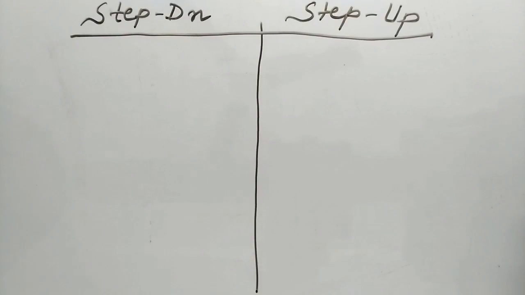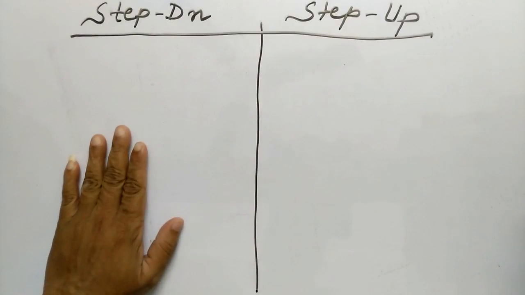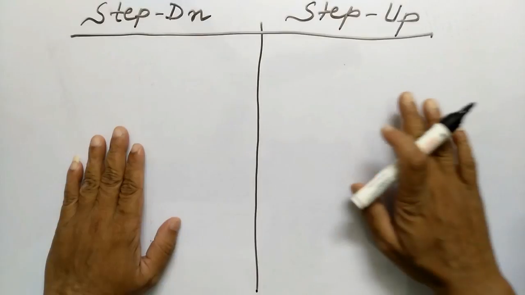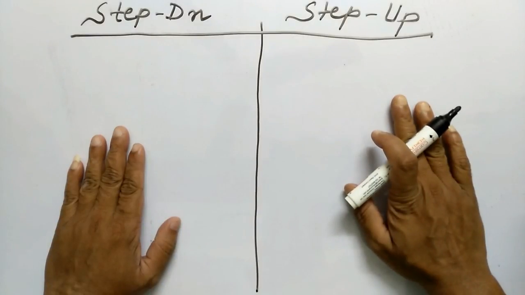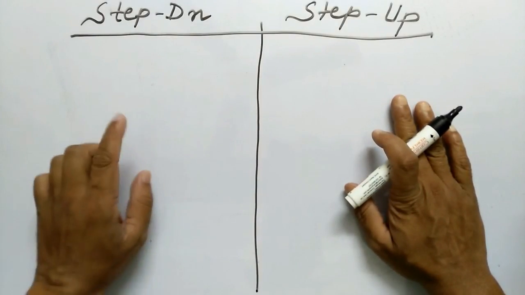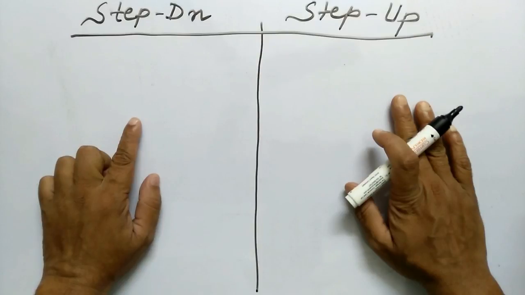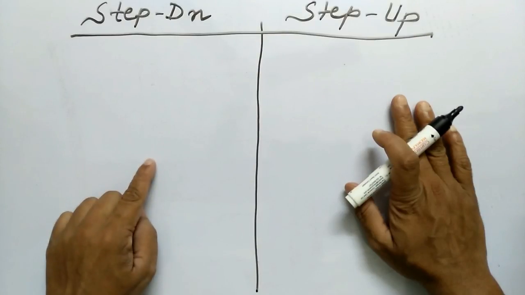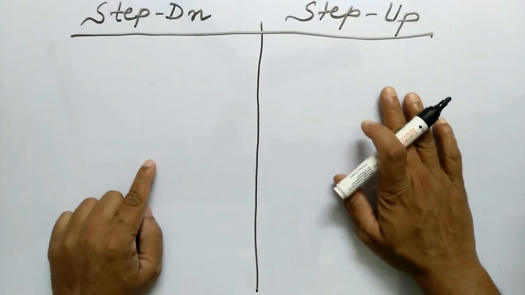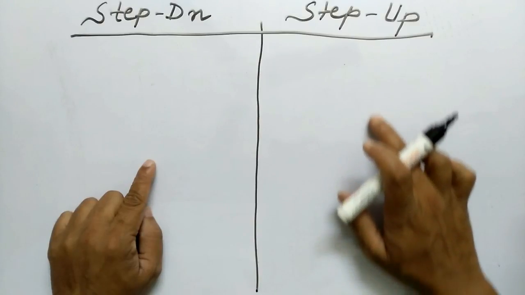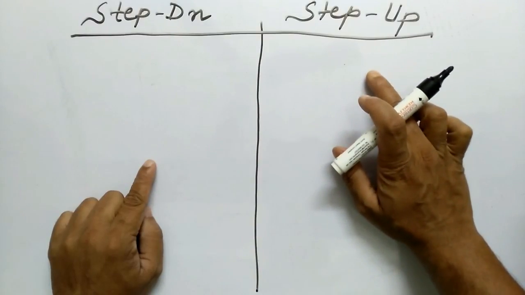So we have seen two types of transformers. The first one is the step down transformer and the second one is the step up transformer. A step down transformer decreases the potential difference, whereas a step up transformer increases it.